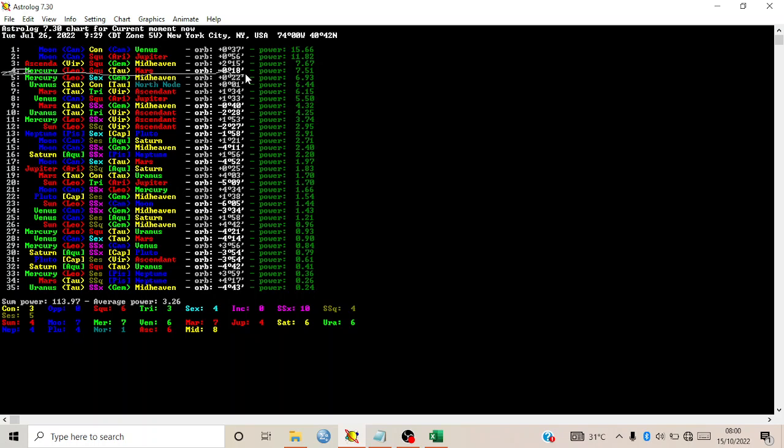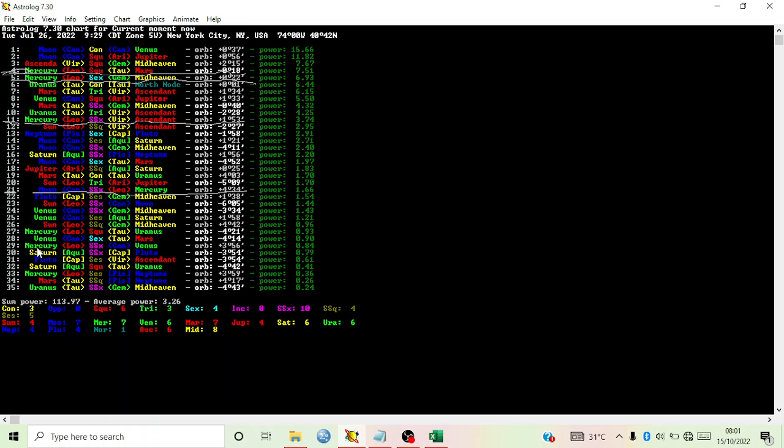Then on the 5th aspect, we have Mercury sextile Midheaven with a positive orb. Then the 11th one is Mercury semi-sextile Ascendant with a positive orb of 1 degree. Then the 21st one is Moon semi-sextile Mercury with a positive 4 degree orb.